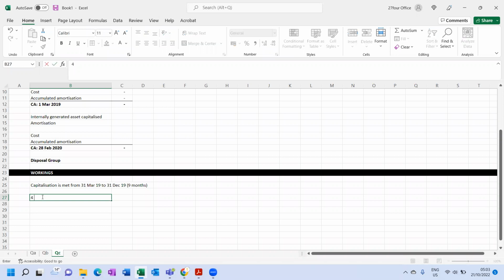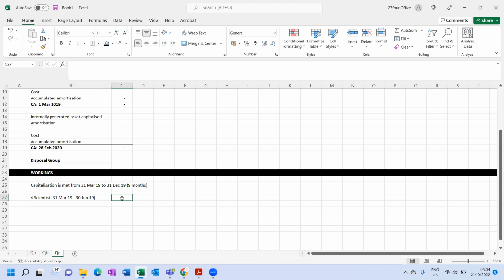4 scientists, 31 March 19 to 30 June 19. We count from 31 March because the cost of March does not apply, as that was in the research phase.